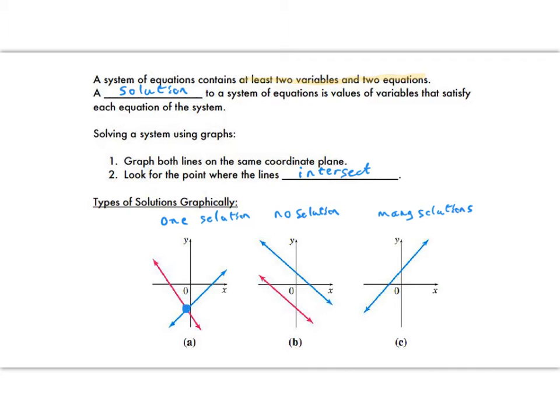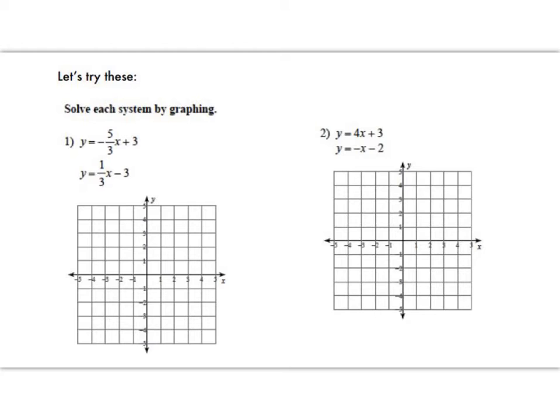Let's take a look at maybe some solving by graphing here. All right, so if I were to graph this system, I'm going to start by graphing this particular one in blue. Intercept of 3 and then down 5 and over 3. So there's 1 point, and I could go ahead and draw my line that goes through there.